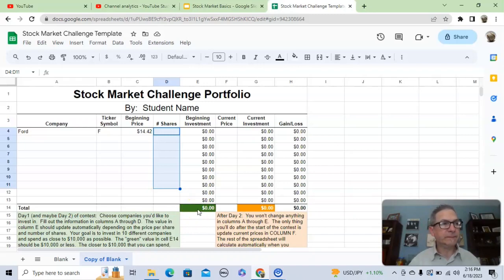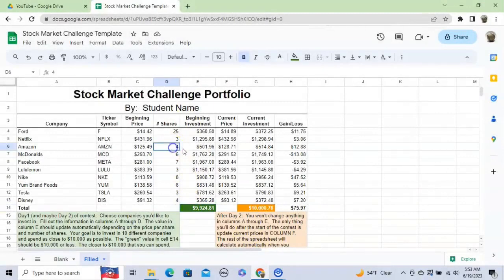So this is where they play that what if game. What if I buy 7 shares of this versus 8? What if I buy 10 shares of this one and 12 shares of this one? What if I reverse that and buy 12 shares of that and 10 shares of this? What if I sacrifice 3 shares of this so that I can buy 5 shares of this?